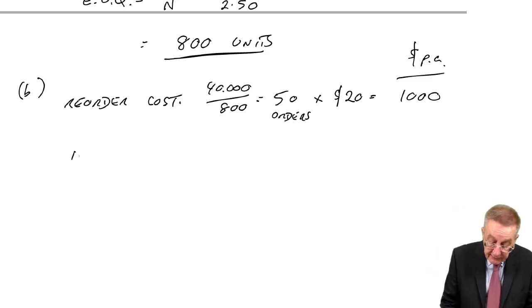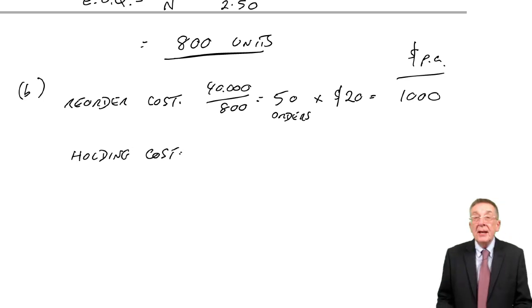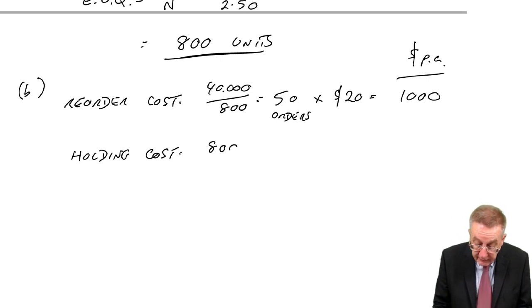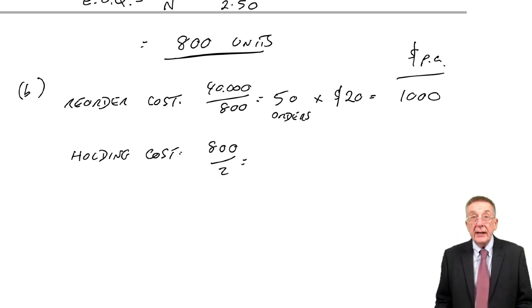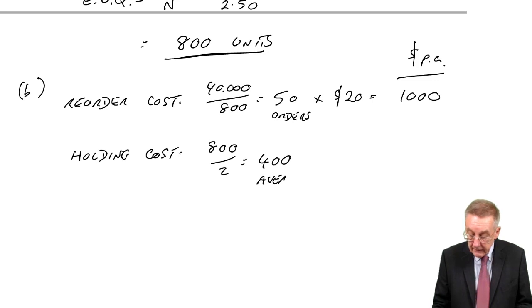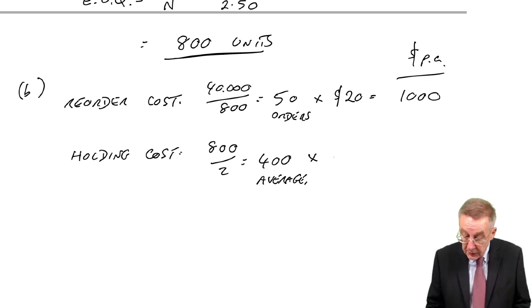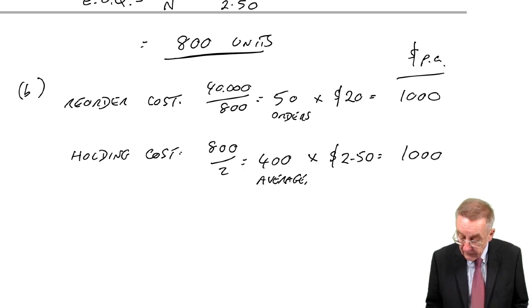In addition, the holding cost, if we're ordering 800 each time, the average inventory, as always, will be 800 divided by 2. The cost of holding each unit for a year is $2.50. 1,000.